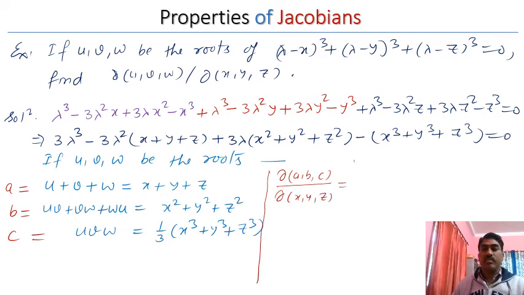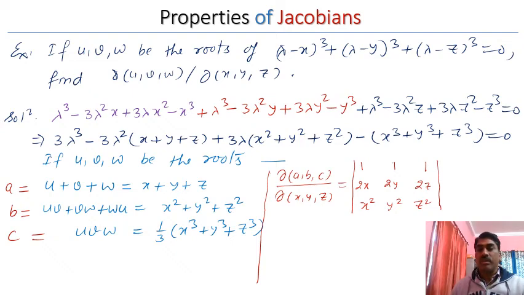So this will become del a by del x is 1, del a by del y is 1, del a by del z is 1. Then del b by del x is 2x, del b by del y is 2y, and this is 2z. Then del c by del x is x square, then y square, then z square.